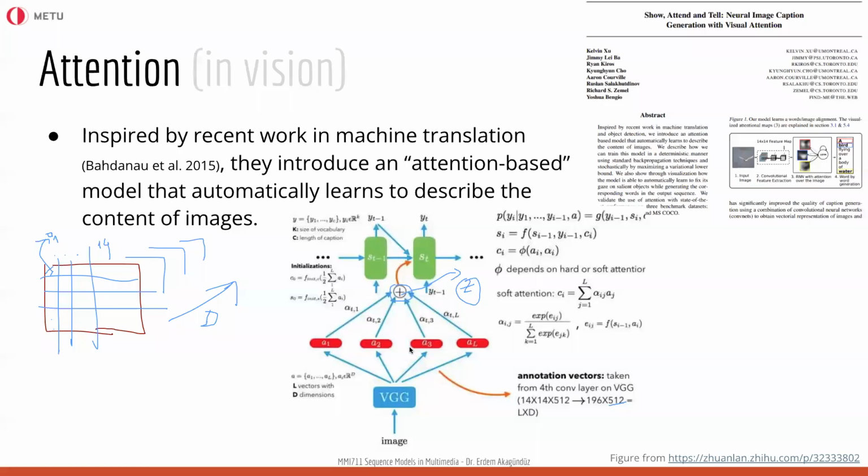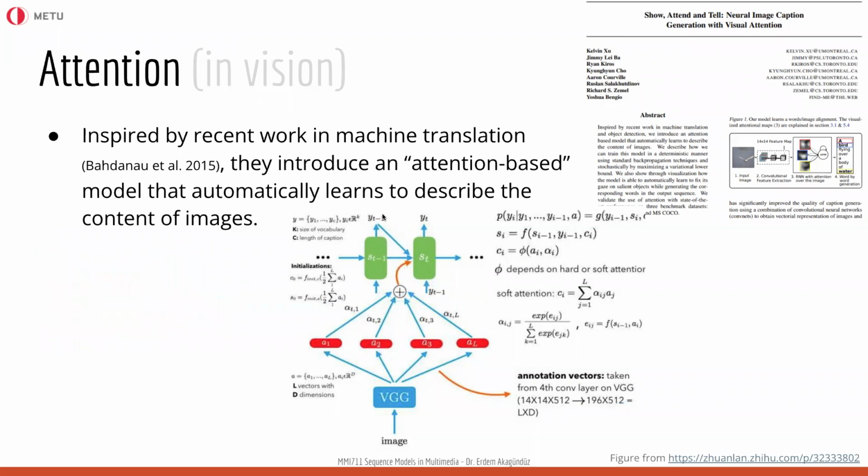To create the attention model, I take the hidden states of these regions, a transparent representation of that region. I weight them, I create a context vector and feed it. And the context vector will change for each word that is created at the output. Okay, let me not confuse you more. Let me continue because we are going to do it.